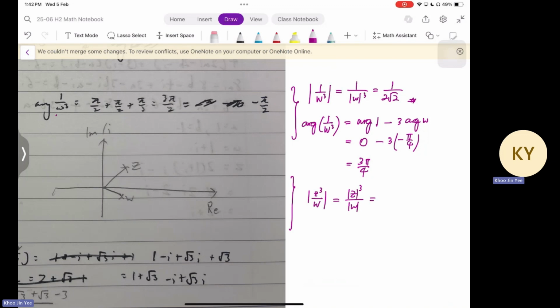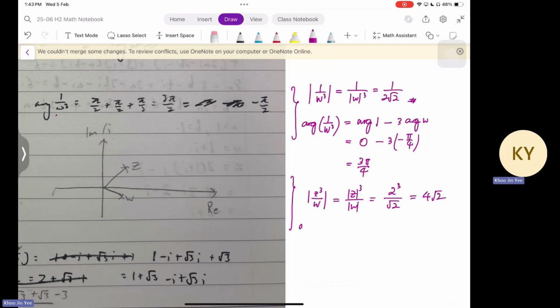So this would be 2 cubed over root 2, so this would be 4 root 2.